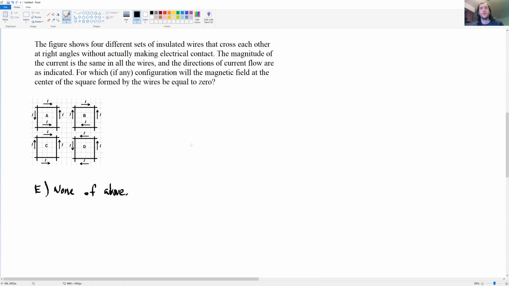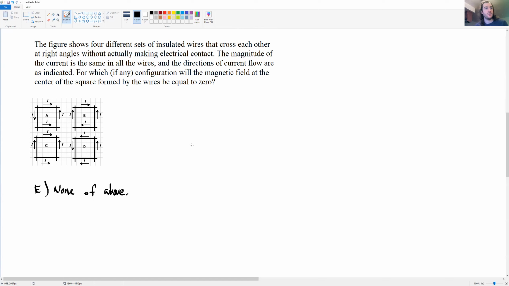Direction of flow for the currents is indicated. Notice that it's different in each of these cases. For which, if any, configuration will the magnetic field at the center of the square formed by the wires be equal to 0? So think about when the magnetic field will be 0 in the middle region. A, B, C, D, or E if you think it is none of the above.